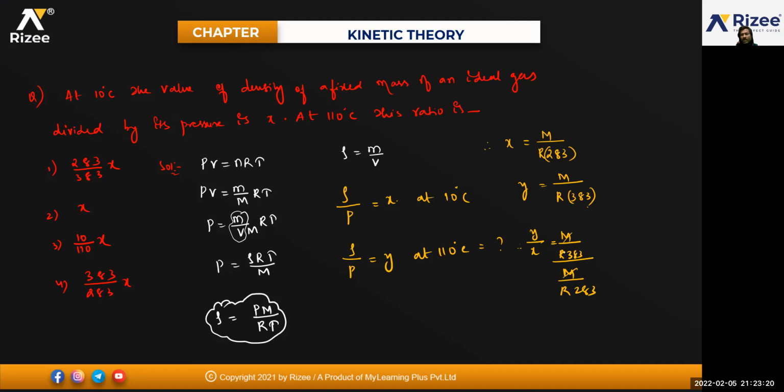This M will get cancelled. This R will get cancelled. So y by x is equals to 283 divided by 383. So y will be equal to 283 divided by 383 into x. That means first option will be the answer. Clear, beta?